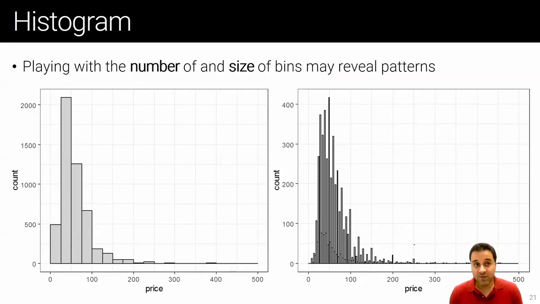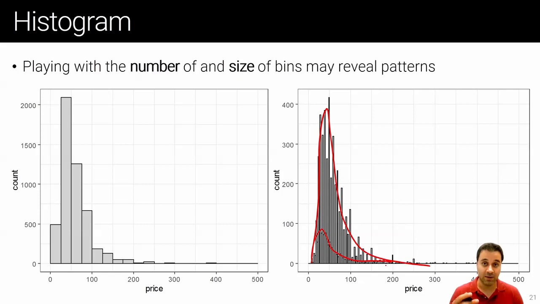And it's a very nice idea to play with the number of bins or with the size of the bins because sometimes they reveal patterns. Like in this case, if we go from a bin of 25 units that we have in here to 5 units only, then we see there's something funny going on with the histogram, right? It looks like we have some data going over here and some data coming over here. And what this is telling us actually is that most of the data have a price that is a multiple of 5.